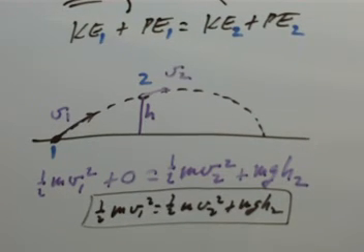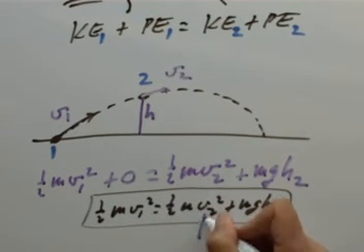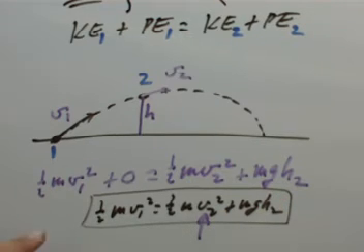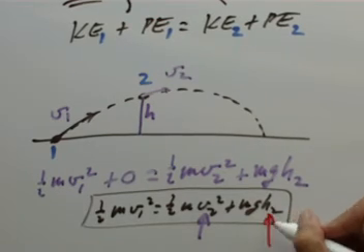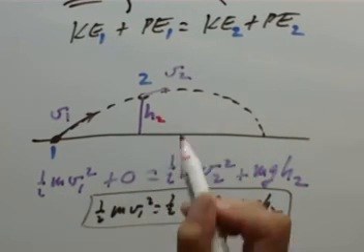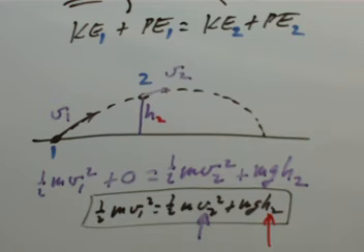But in the case that we hypothesize here, we might want to solve for v2, the velocity at the second intermediate point on the ball's trajectory. We would have to know a bit more information, like what h2 is here. We have to know how high the ball is right here at point 2 before we can solve for the velocity, because we only have one equation, so we can have only one unknown.